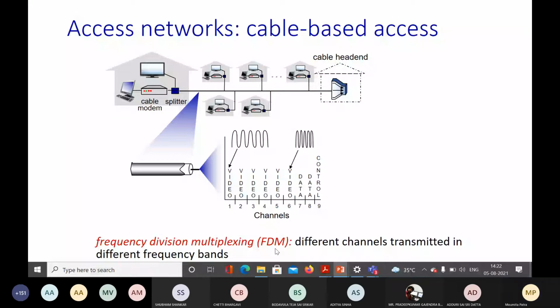I hope that you have the basic ideas of frequency division multiplexing, etc. You might have studied this in your digital communication courses, right?